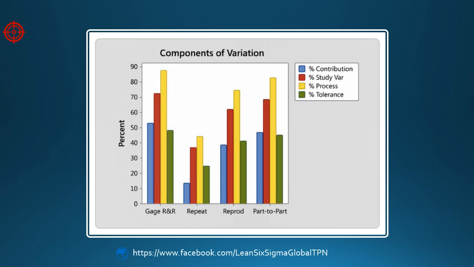So each cluster of bars represents a specific component of variation. Gauge R&R is the precision, or the variation due to the measurement system. Remember, precision is composed of both repeatability and reproducibility, shown in these two components.